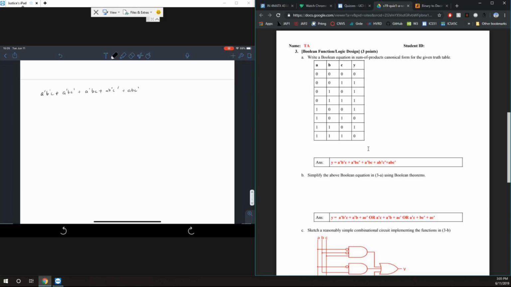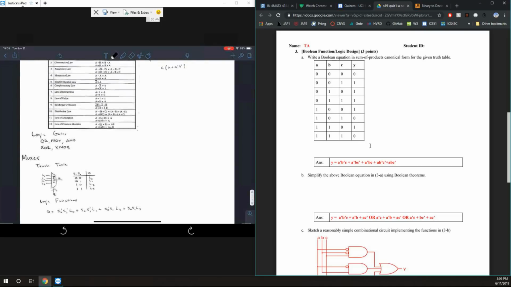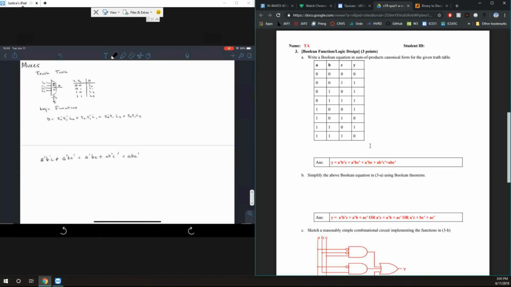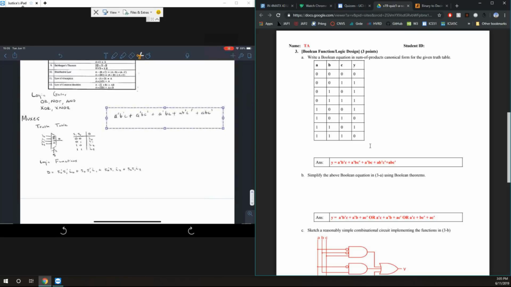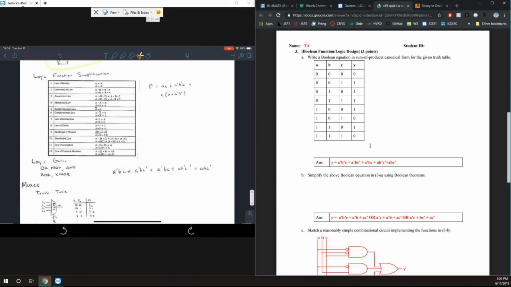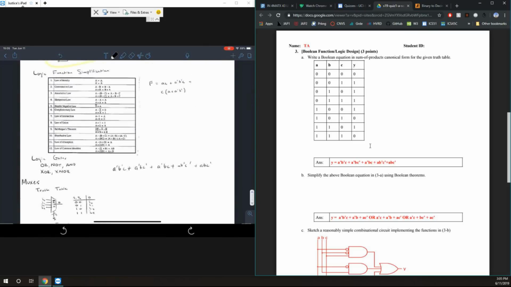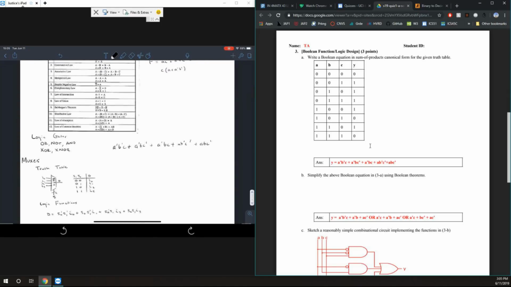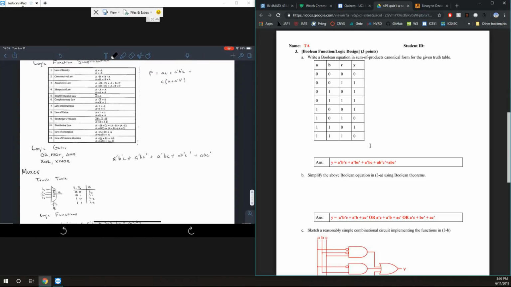I really don't like this kind of design, but let's see what we can do. I would like it if she gave us all the rules. That would make it super easy.